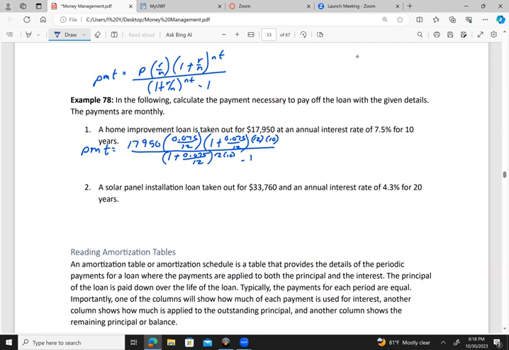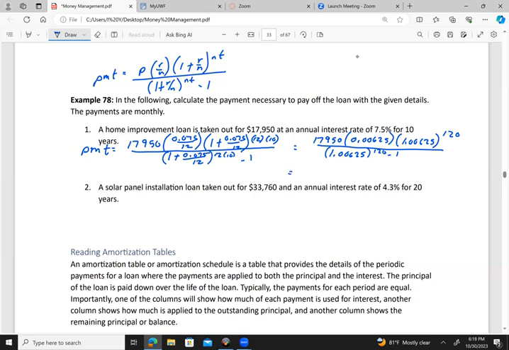So doing the math on our numerator here, I get 17,950 times 0.00625, which makes this 1.00625 to the 120th power over 1.00625 to the 120th power minus 1.